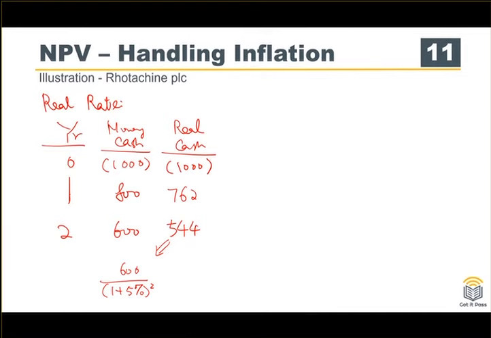So you get the real cash flow and the discount factor at 10%. The initial investment is 1,000, and then the factors are 0.909 and 0.826, you get the PV.